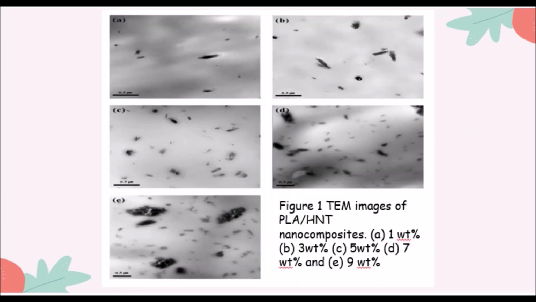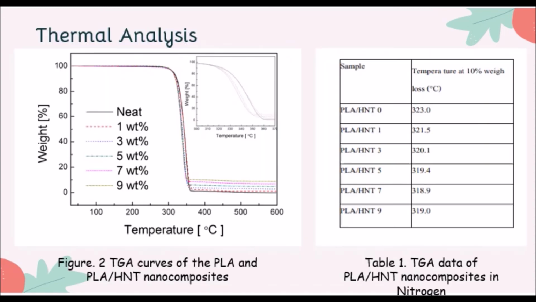This is Figure 1, the TEM of the PLA/HNT. The PLA/HNT nanocomposite exhibits well dispersed particles at lower concentration, and some aggregates were observed at the higher loading, which can be seen in pictures D and E. So the PLA/HNT nanocomposite shows good dispersion of the HNT through melt mixing without any surface modification.